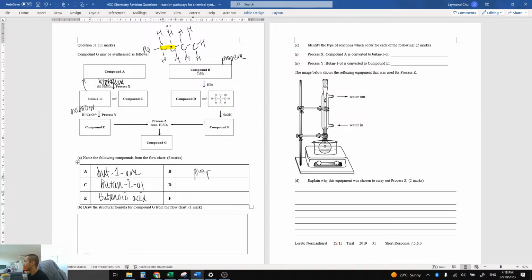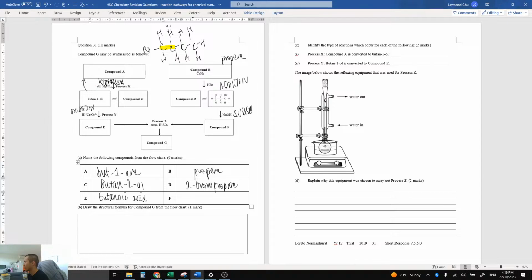D is an addition reaction, actually. Haven't seen those much. Addition reaction to give you D. That is an isomer of this guy here. So if this is 1-bromo, this will be 2-bromo. 2-bromopropane.